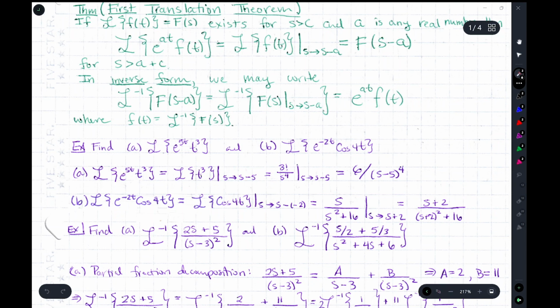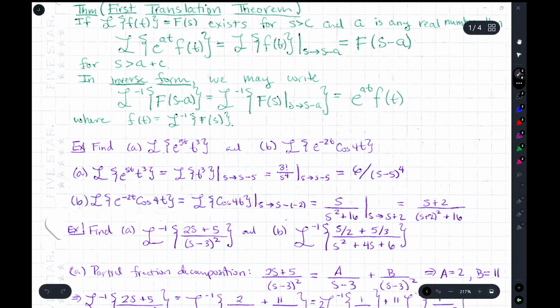That was something that we had discussed earlier, and it's a basic function whose Laplace transform we use to take the Laplace transform of more complicated functions. And so we're going to substitute s minus 5 wherever we see an s there, and this is what we get. What about b? Well, here a is equal to negative 2.